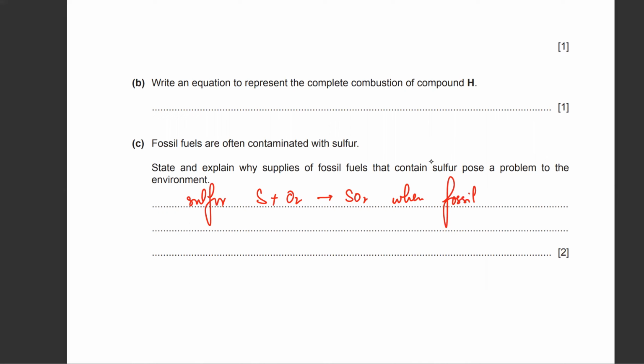Inorganic से इसका ज्यादा ताल्लुक है. So when fossil fuels burn तो क्या होता है? What does SO2 do? So it's going to cause acid rain, right? Clear? Yes, sir. और acid rain होगी तो बस वो बता दो क्या होगा acid rain से.